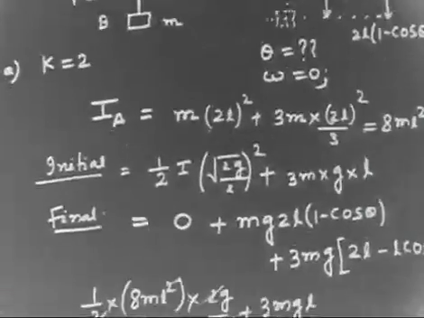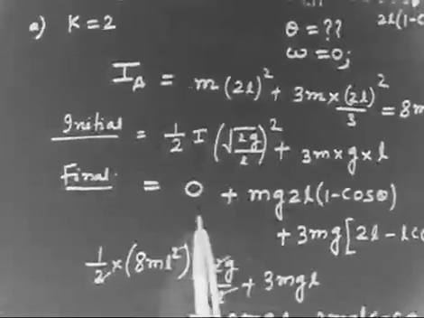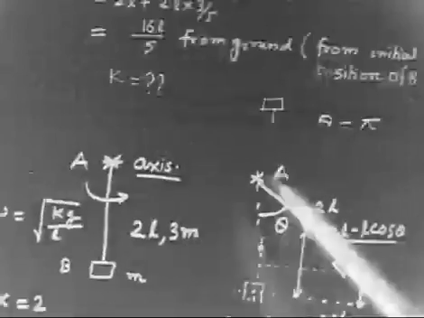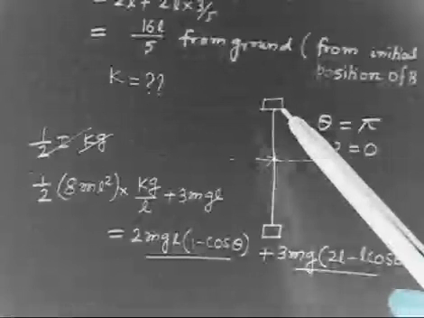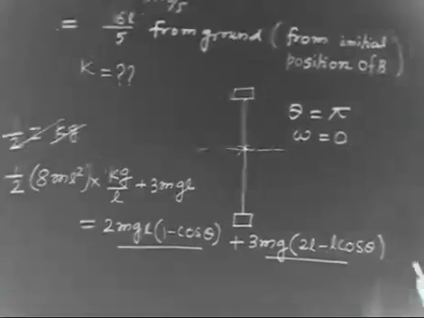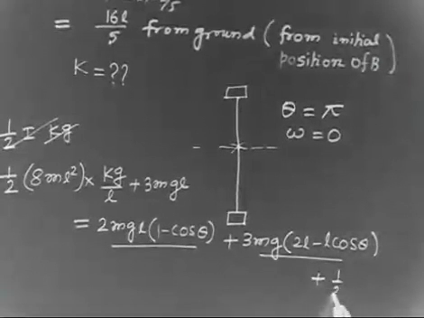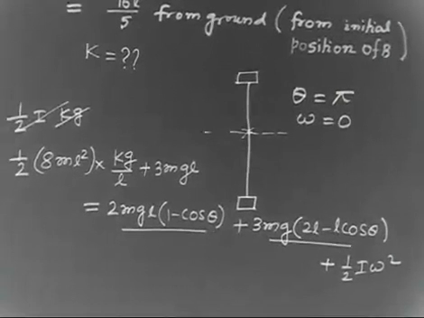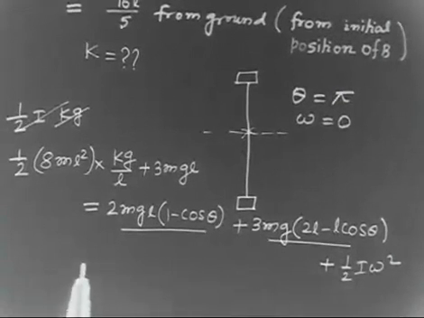Finally this omega becomes 0. Let us say at the vertical point, when this reaches here, there is some omega, and then we will put omega equal to 0. If there is an omega, you can say some energy half I omega squared. Now theta is pi, so cos theta is minus 1, and things become simple.